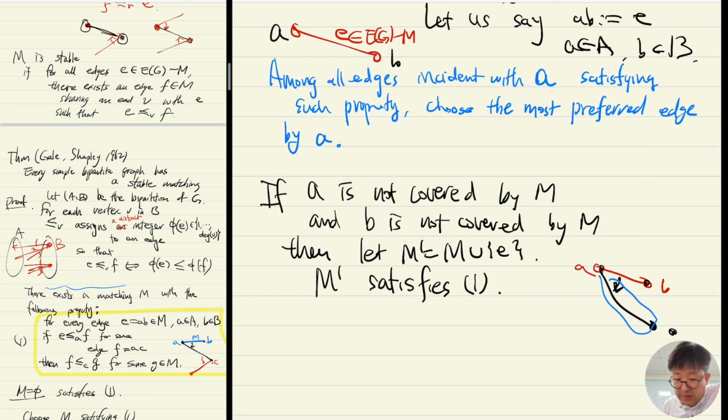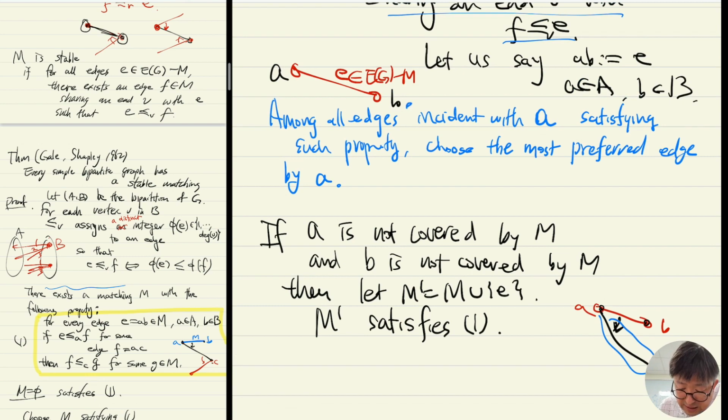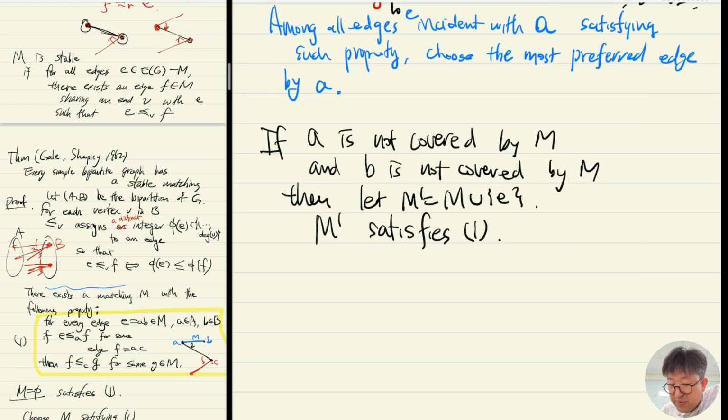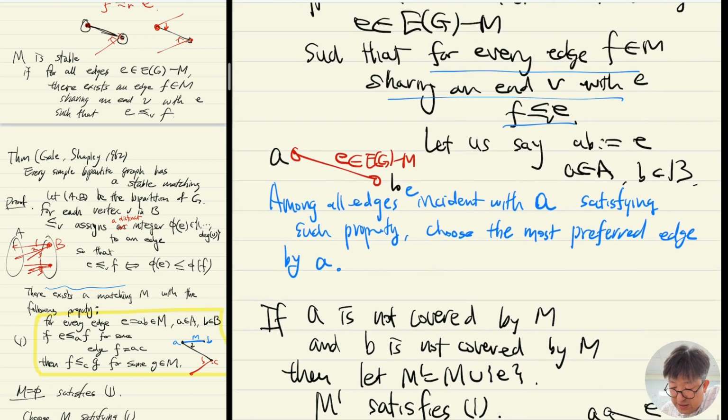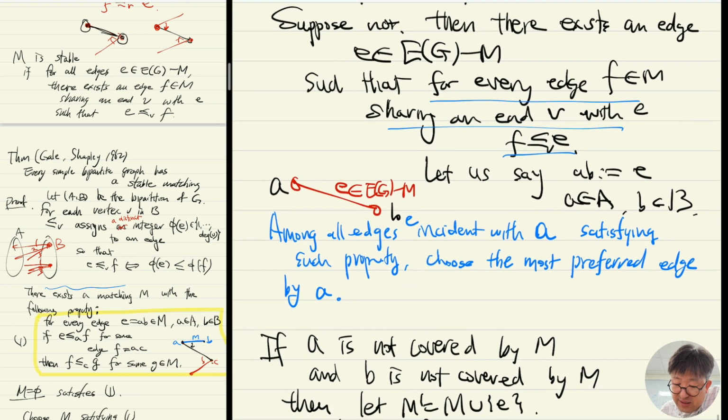Okay, so when I choose E, I'm not choosing an arbitrary one. I'm choosing the one so that if I go to a slightly better one for A, then there was a reason why this one doesn't satisfy this instability condition.